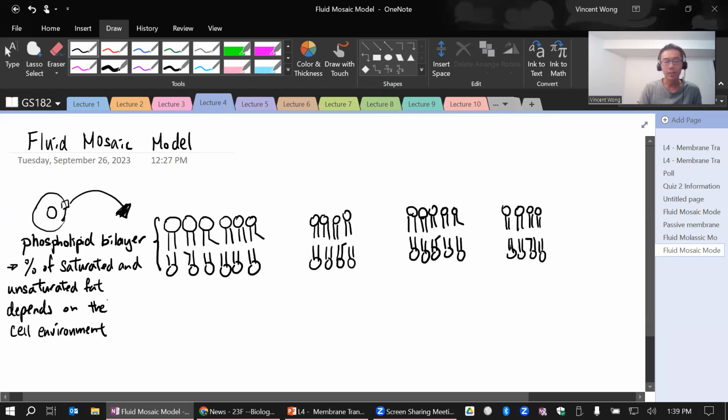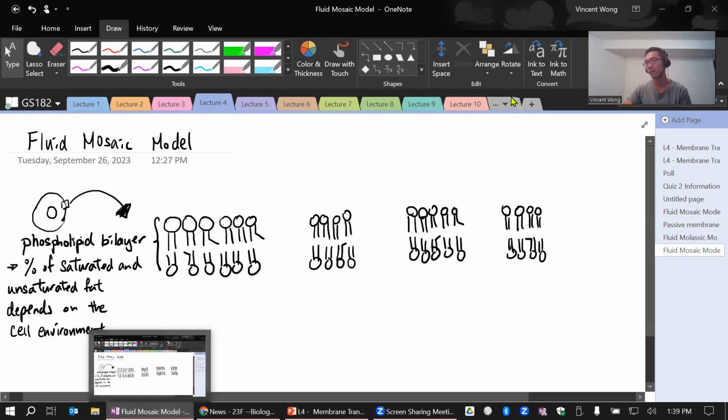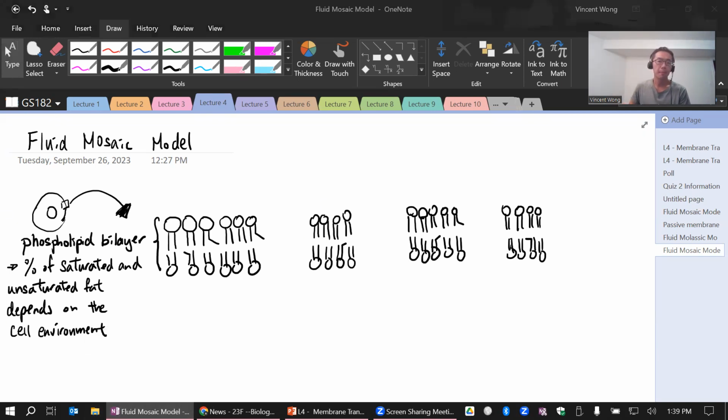I'll explain more later. Some environments will need you to have more saturated fat. Others will need you to have less of it. It depends.